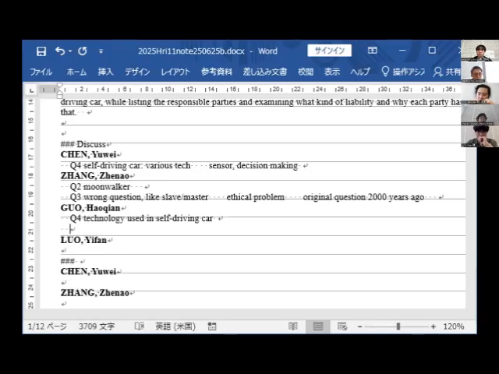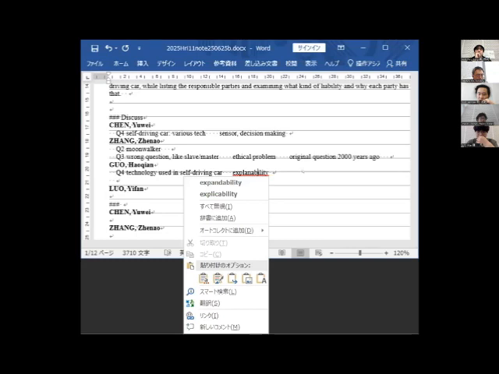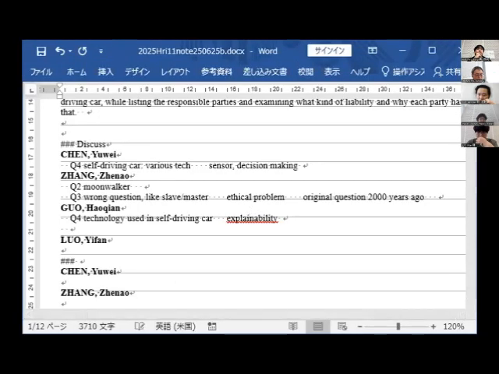Because nowadays, with the development of the self-driving car, there will also be some legal questions. For example, if there is an accident, is it the car's duty or the driver's duty? Nowadays, I just read a paper about that.